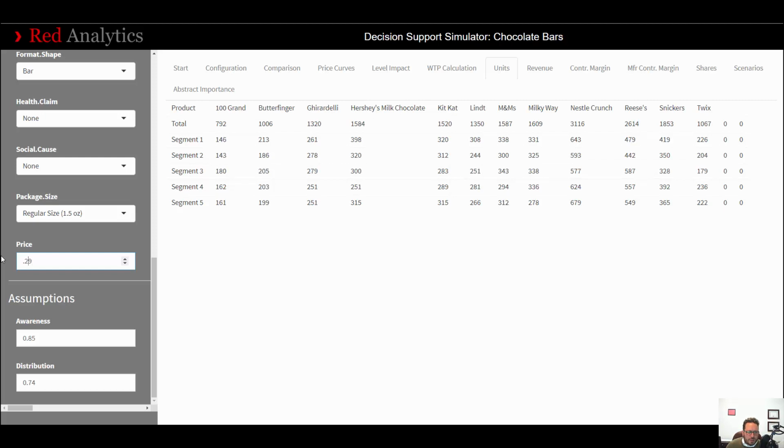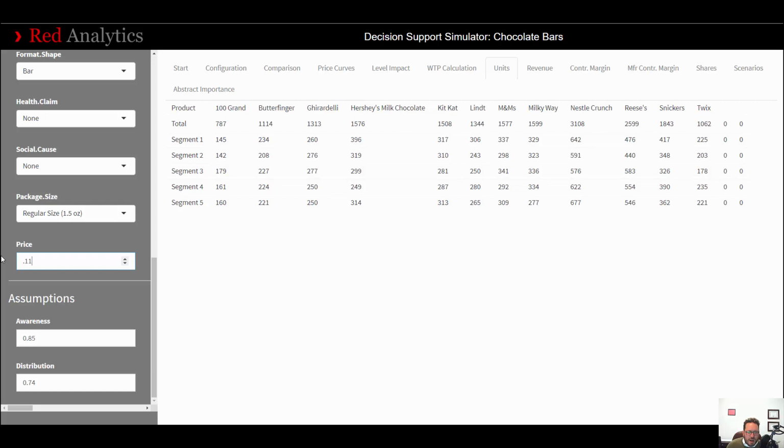We're getting closer at 29 cents. At 20 cents, we're still not there. 19 cents, we're still not there. Still need to drop the price. Okay, we finally passed it just a little bit. And there we are, spot on.